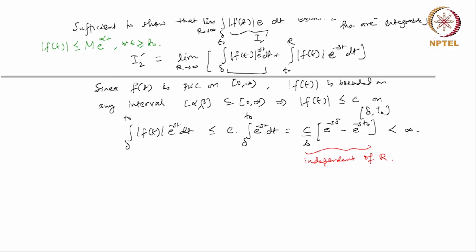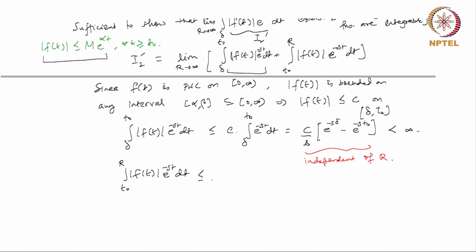Now for the second one, the integral from t naught to r of modulus of f(t) e to the power minus st dt, I am going to use the fact that modulus of f(t) is bounded above by M times e to the power alpha t.